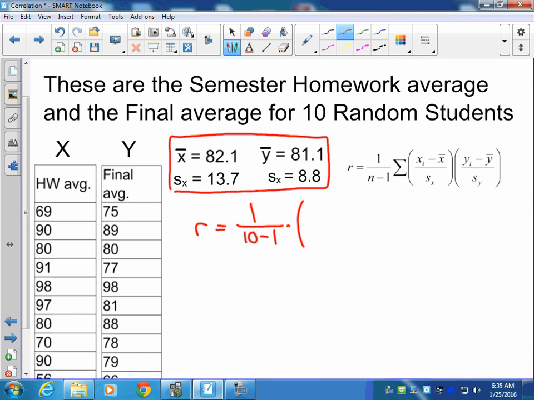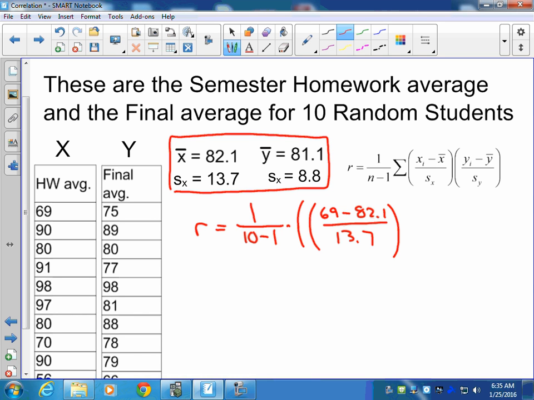Looking at this summation, inside we're taking each individual x value, 69, minus the mean value. So you can see we're looking at a deviation calculation here, dividing by our standard deviation.